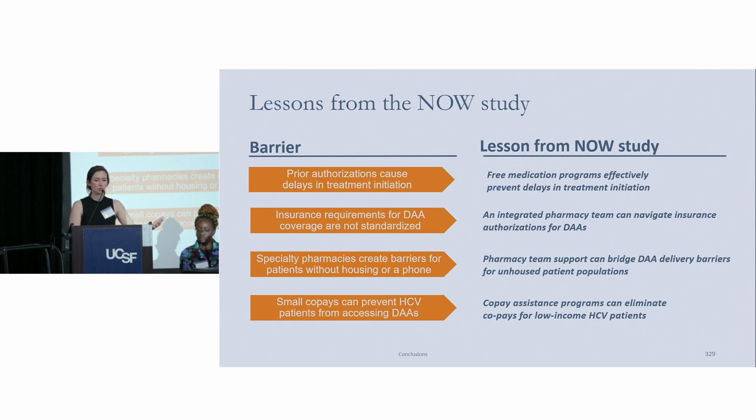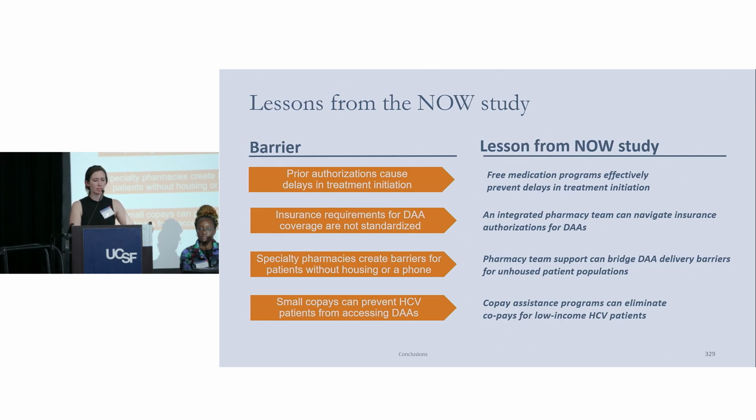Also, the insurance requirements for submitting prior authorizations are not standardized and are quite complicated, and the presence of a pharmacy team really could help navigate insurance authorizations and those barriers for patients. Like I said, the pharmacy was also really helpful in bridging delivery from specialty pharmacies to unhoused patient populations.